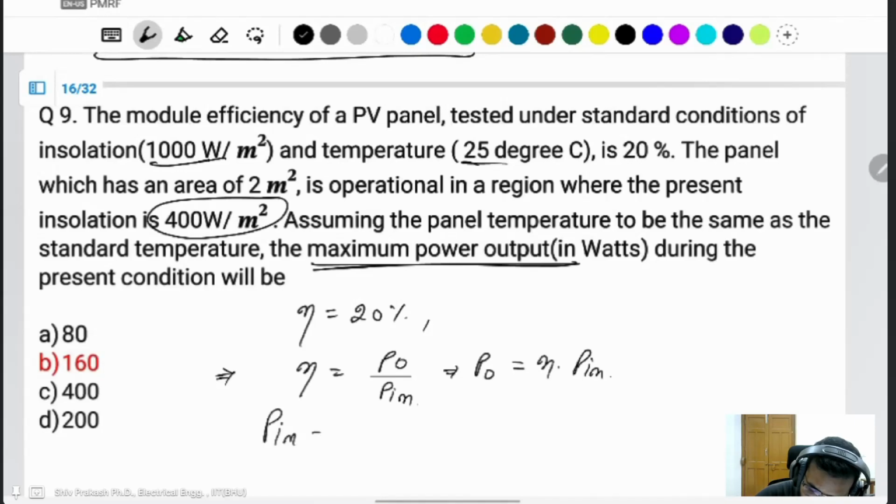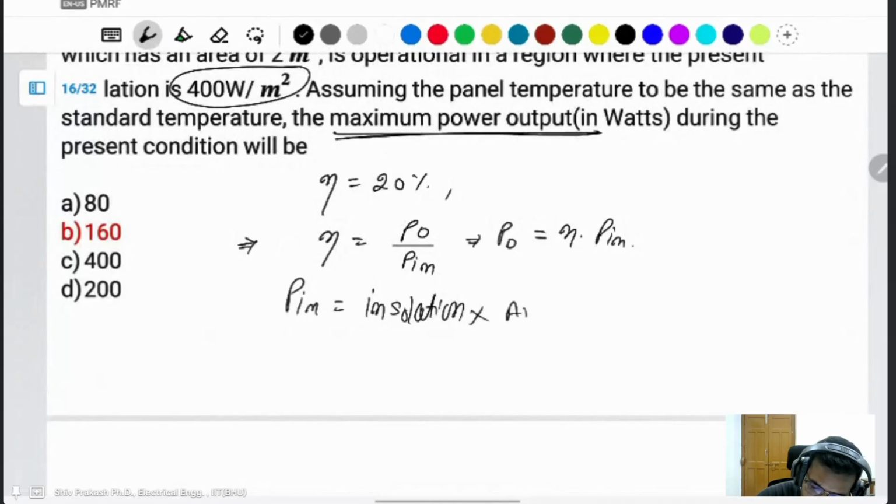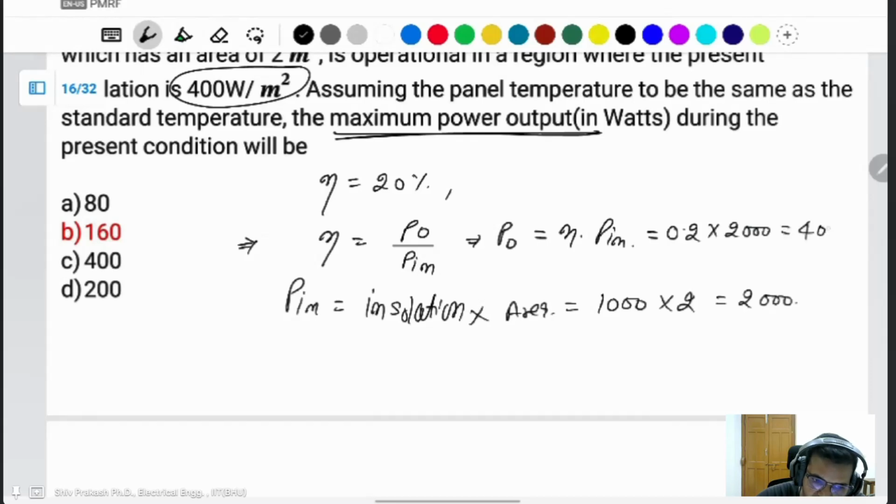Input power is insolation into area. Insolation is 1000 watt per meter square and area is 2 meter square, so it will be 2000 watt. The efficiency is 20%, so 20% of 2000 will be 400 watt.